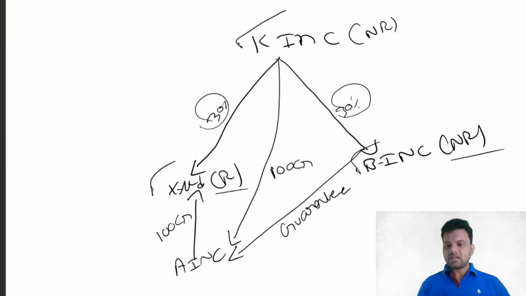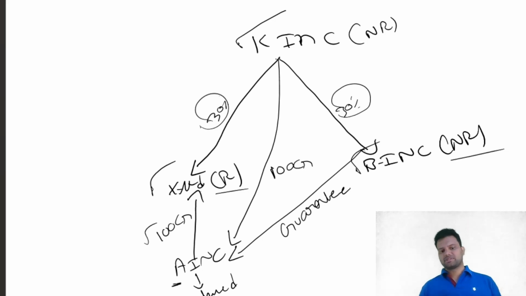Now I will move on to the next. What is the actual transaction here? AINC, an unrelated party, has advanced a loan of 100 crores to X Limited at 9% per annum interest.